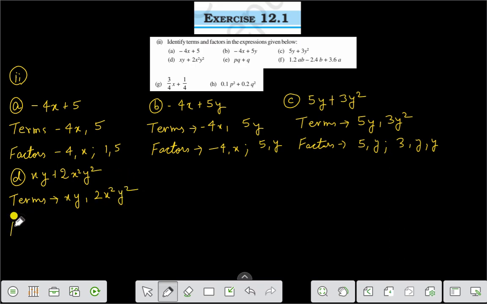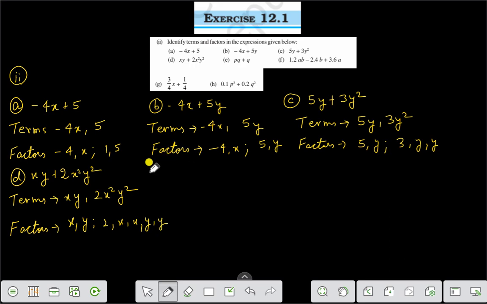Therefore the various factors of xy: we are not writing the 1 as a factor because 1 is a factor of every term. So the factors are x and y. Now the factors of 2x square y square are 2, x, x, y, y.